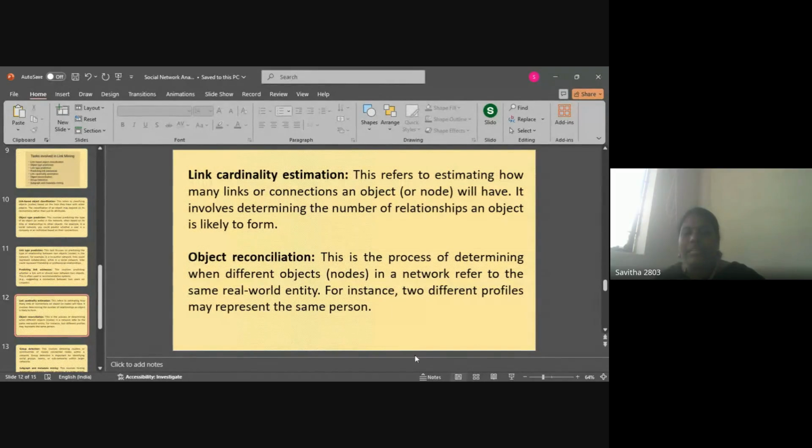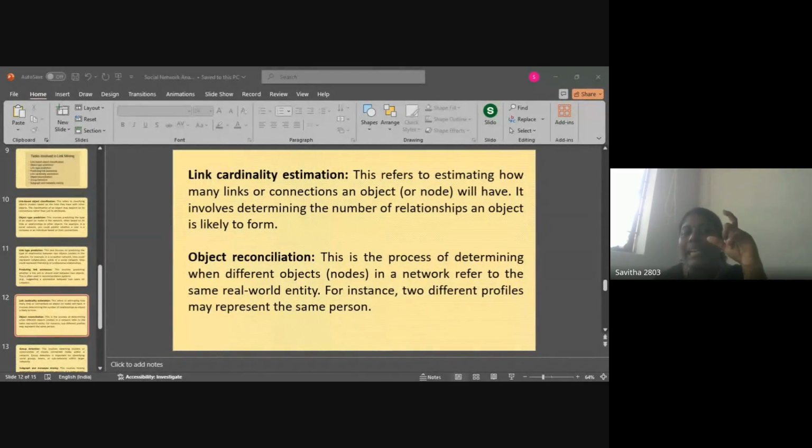So, link cardinality estimation means we are estimating how many links an object has. That is concerned with a particular researcher, or an article that contains some authors and co-authors. So, how many papers does one researcher have with the same co-author, or how many times has the same co-author been added in so many papers, or how many times do they have a link between them.